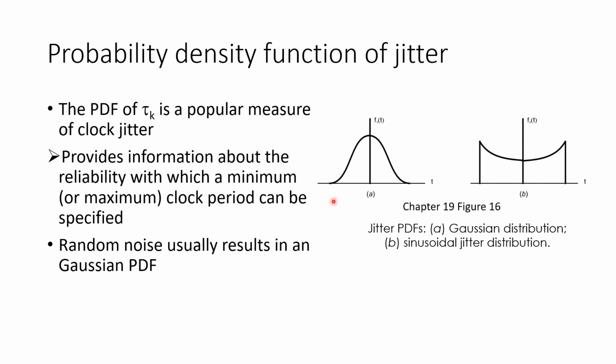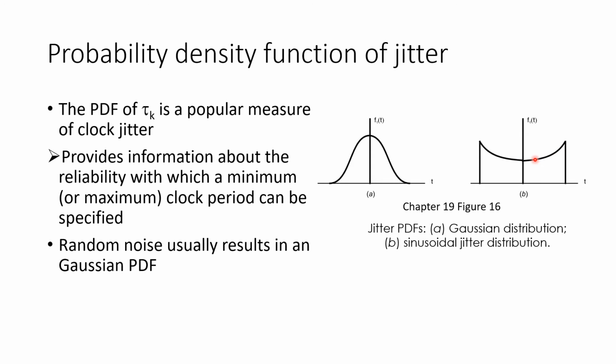So it pretty much always shows up with a Gaussian distribution. If you see a non-Gaussian distribution, that's a clue that something else is causing the jitter. For example, there may be power supply noise, or there may be some other deterministic interference that is muddling the clock. The distribution I chose here is kind of reminiscent of a sinusoidal waveform that spends most of its time at the extremes and less time in the middle.